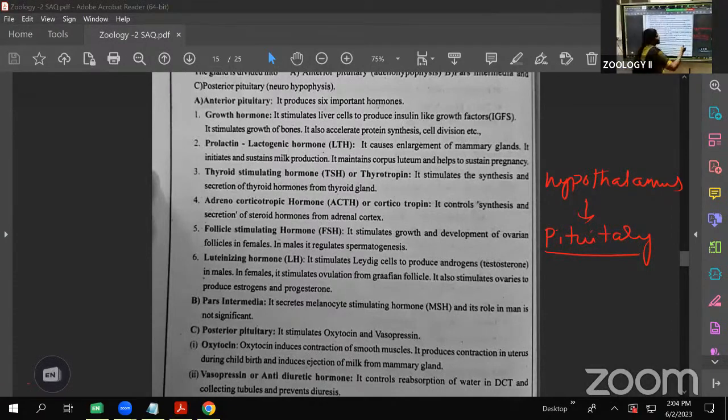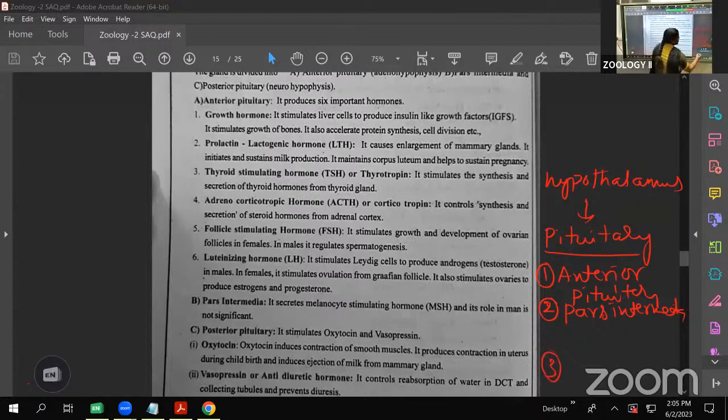Already I said they are called the anterior pituitary, the middle one called the pars intermedia, and the third one called the posterior pituitary, also called the neurohypophysis.